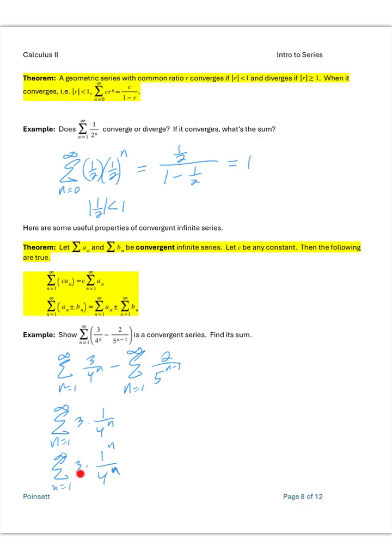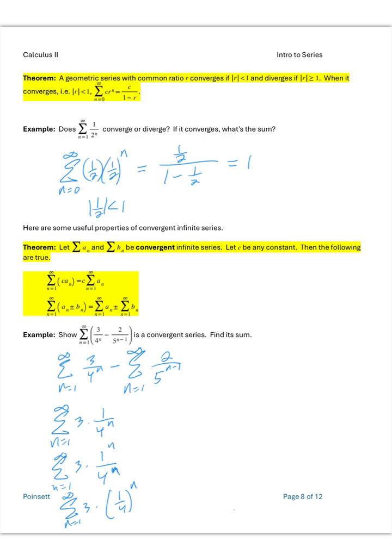So notice I couldn't just raise the 3 to the n power, because 3 to the n power in general is not equivalent to 3. Now this series can be rewritten as the sum as n goes from 1 to infinity of 3 times 1/4 to the nth power using laws of exponents from basic algebra.